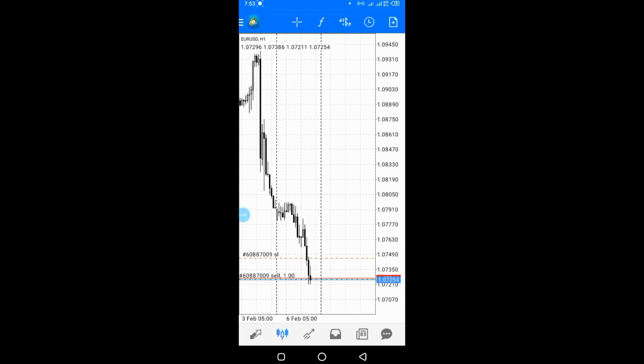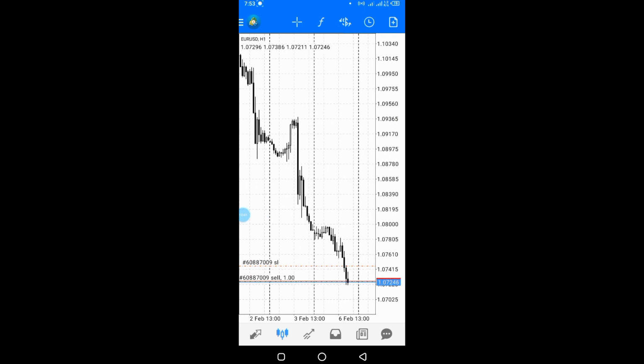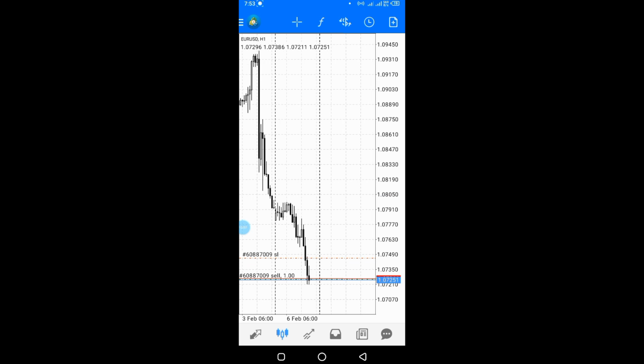Once you go into the chart, you are going to find the red horizontal line, which is now the stop loss, this one. Then if you want to place a take profit, of course it is a selling position, so it should be below your entry point. Let's say you modify it to be at this level, which is 1.0707.